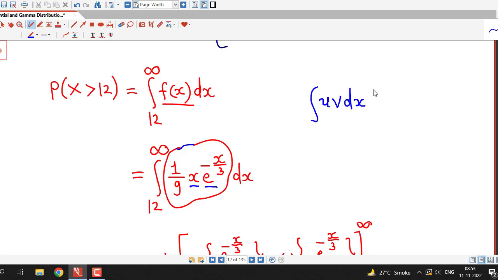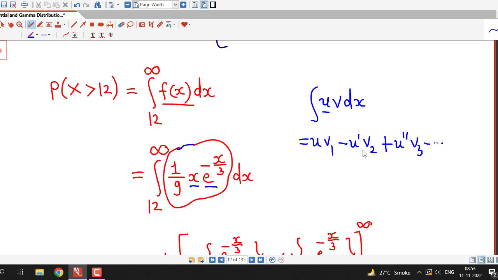If we have a product of two functions, we know that we keep the first function as it is, times the integral of the second function, minus the derivative of the first function times the integral of the integral of the second function. The integral of v is denoted by v1, the derivative of u is denoted by u dash, then the integral of v1 is denoted by v2 and the derivative of u dash, that is u double dash, and so on.